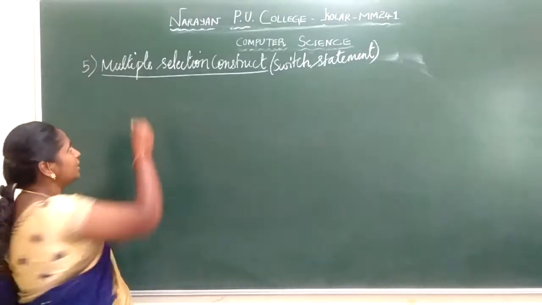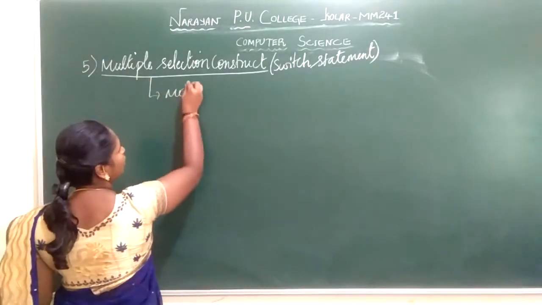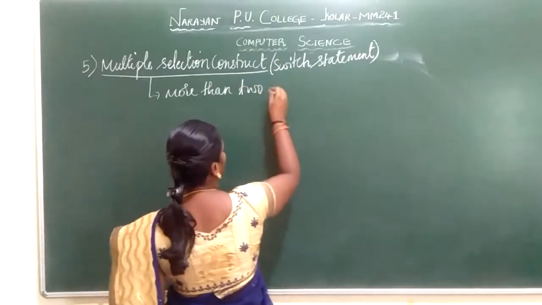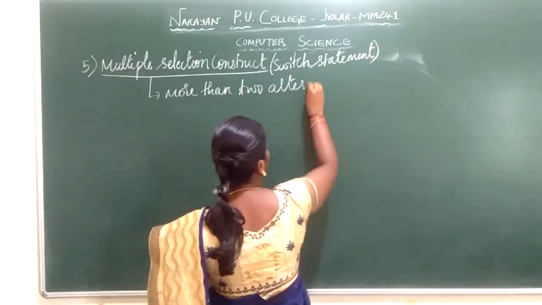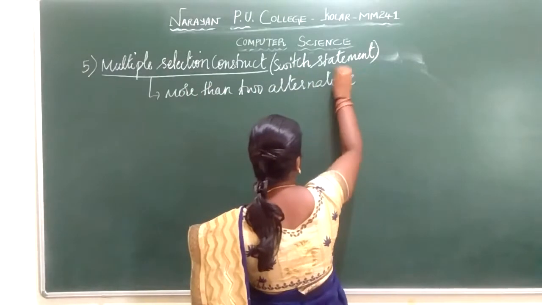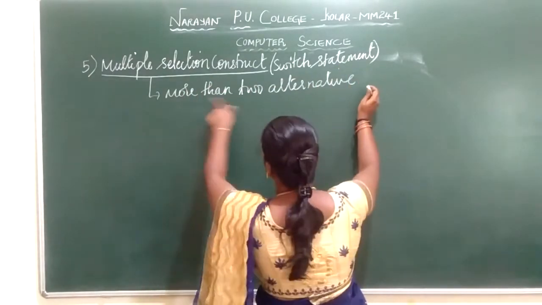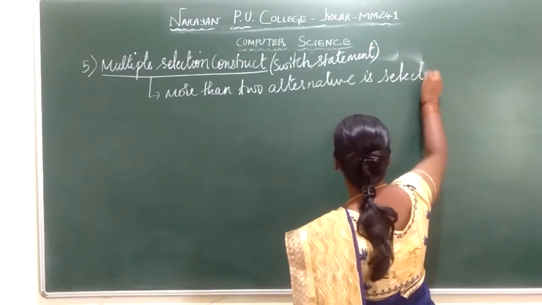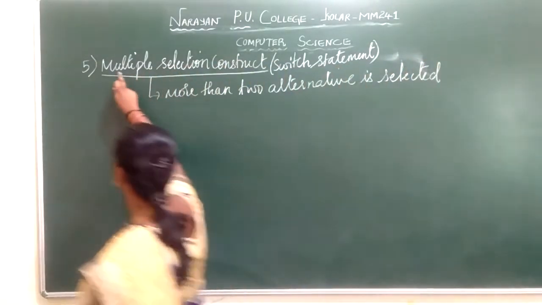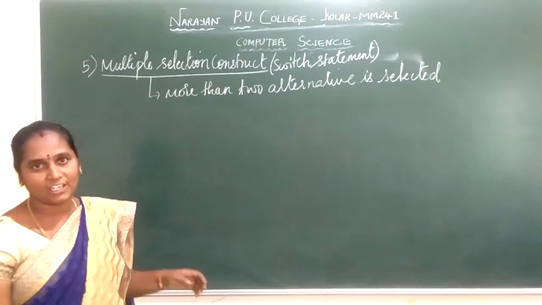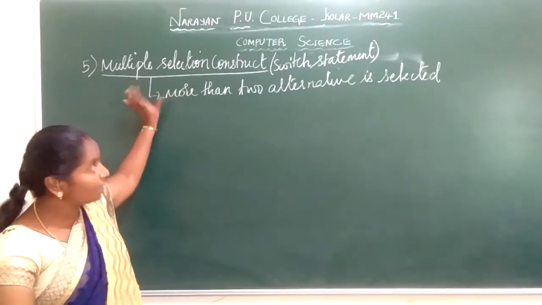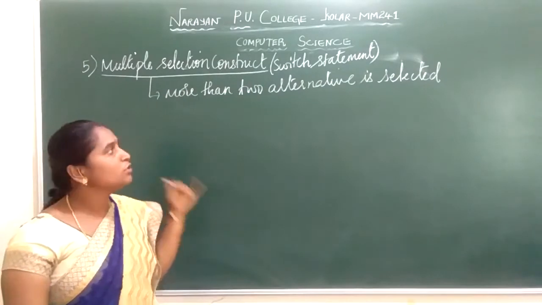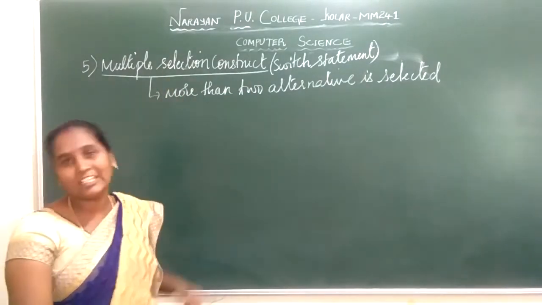If you want to select more than 2 alternatives, then you are going to use a construct called the multiple selection construct, also called the switch statement.